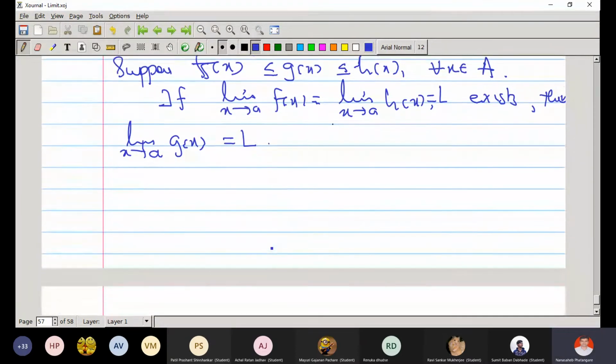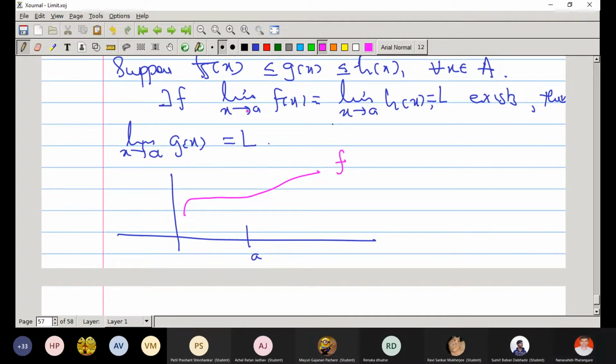How to prove this? Geometrically, what does this theorem say? This is point a. This is function f, and another function is h.